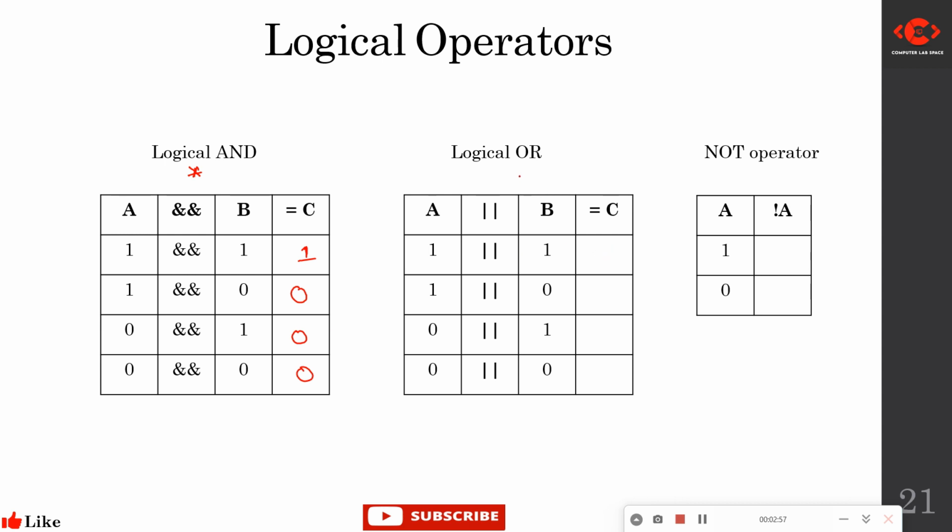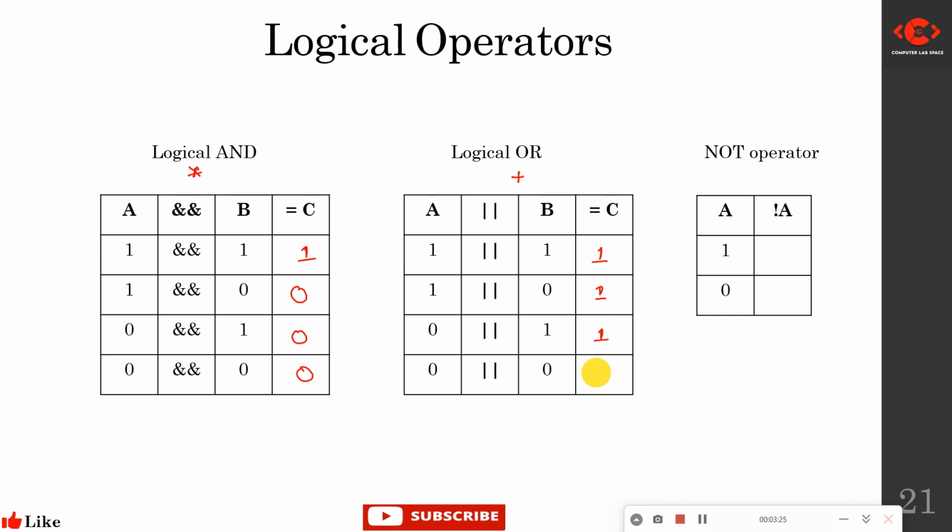Then logical or works like the plus operator, the addition operator. 1 plus 1 is 2, but here it is not, since we are working on boolean values. 1 or 1 we are going to say is 1 only. Then 1 or 0 is again 1, because 1 plus 0 is 1, right? Same way, 0 plus 1 is again 1.